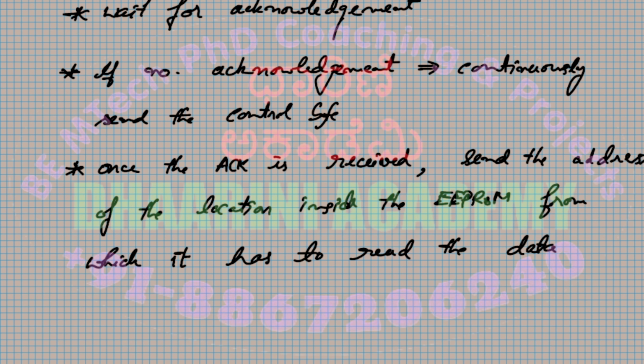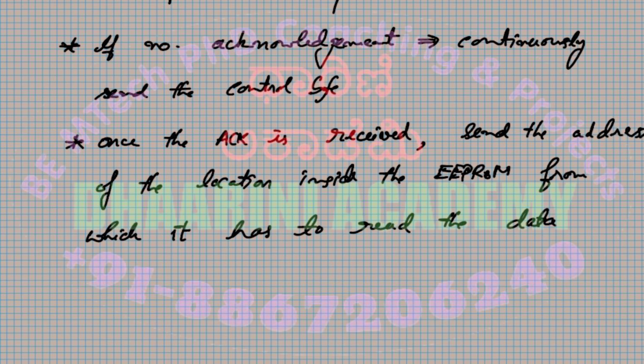After sending the address of the particular location, right? Now you will see that you will send a repeated start condition, because once again it has to start. Okay, so remember the difference, right? In case of writing, this issue is not there. Only when you read you have to do this.